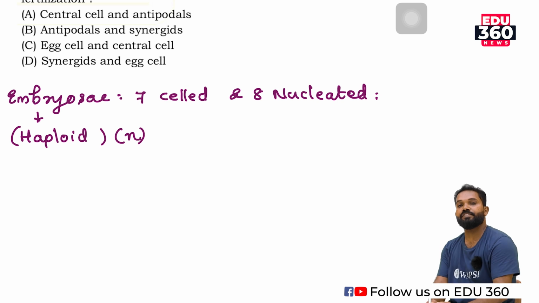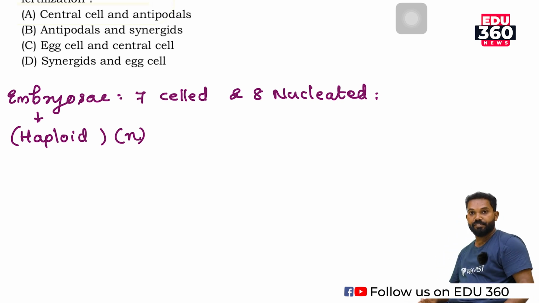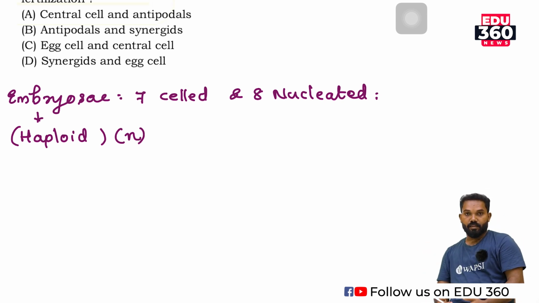Then the vegetative cells of angiosperm, like leaf cells, stem cells, cells of the root, they are diploid in nature. The cells of the petals are diploid in nature. Mother cells are diploid in nature.